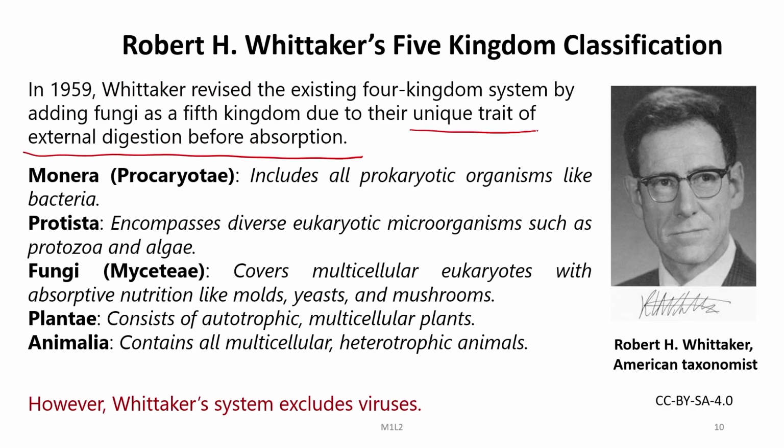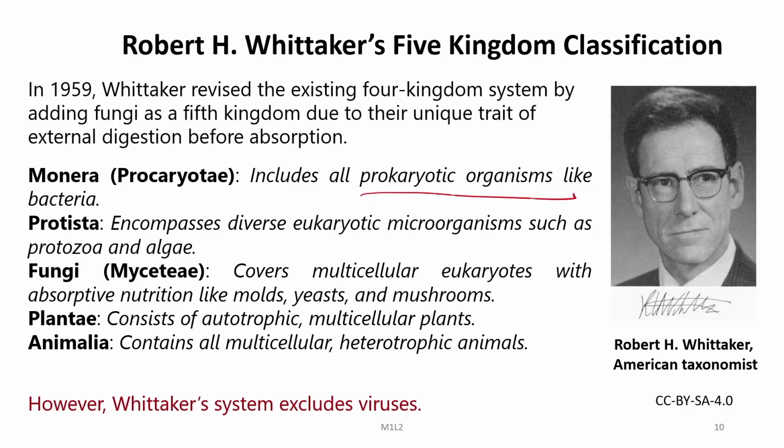So, the metabolism of fungi was unknown earlier or not considered deeply. Whittaker considered this unique feature of these organisms which digest the food outside their body before they absorb it. So, he classified them into Monera, Protista, fungi, Plantae and Animalia.